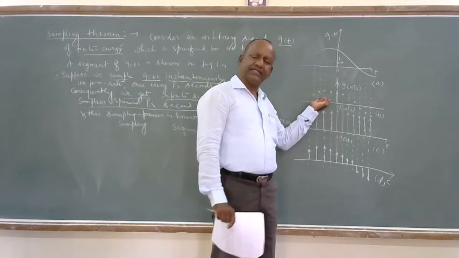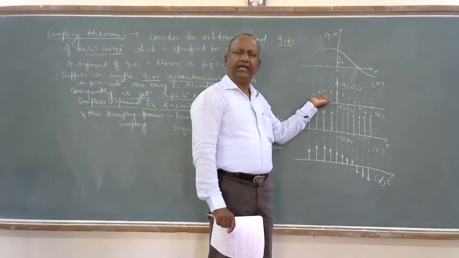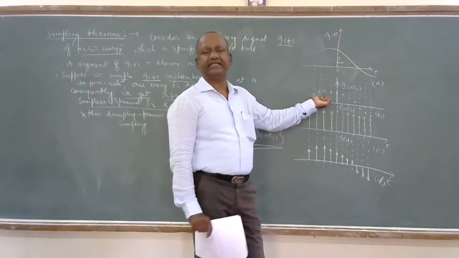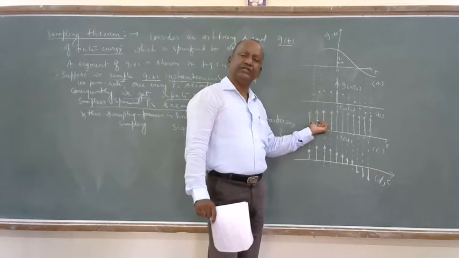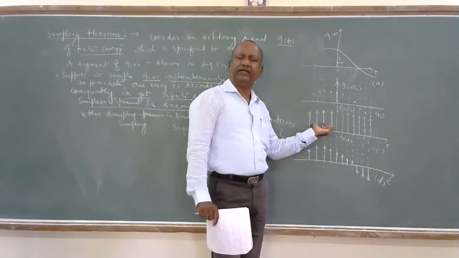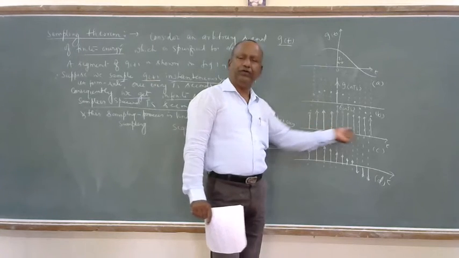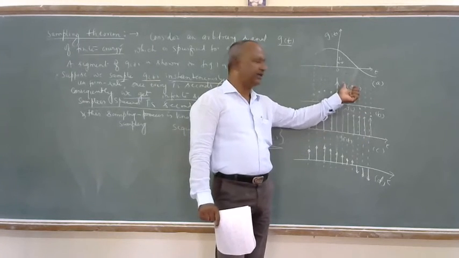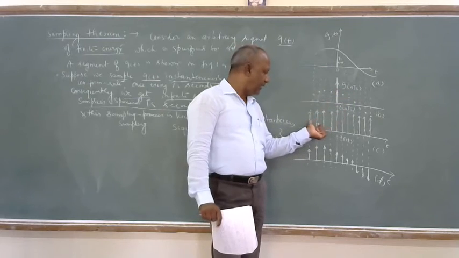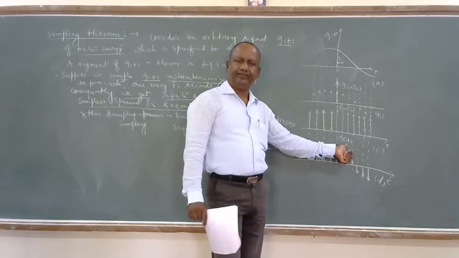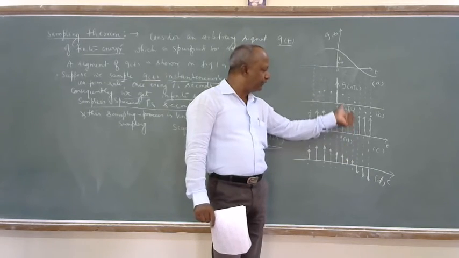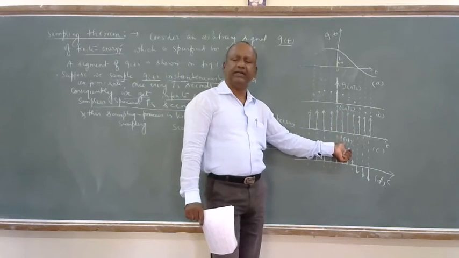So once it is present in the form of a sample value, I convert that into a signal without affecting the sample values. For that purpose, I am using a sequence of Dirac delta functions at uniform intervals, same as my sample values. Then I multiply figure B with figure C. The product of these two is represented by z delta of t.